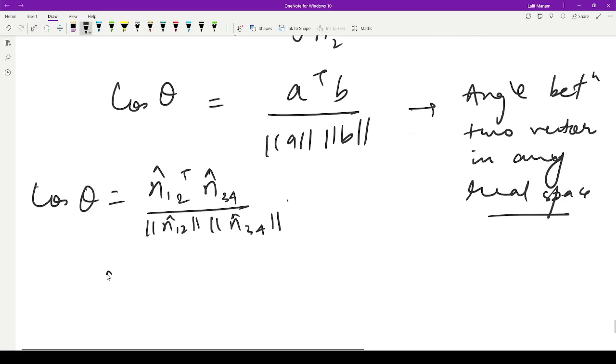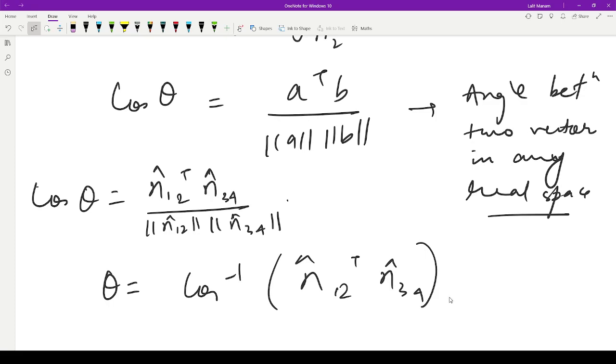And with this we'll take the cos inverse. So our theta will come in which units if you do it this way? Radians.